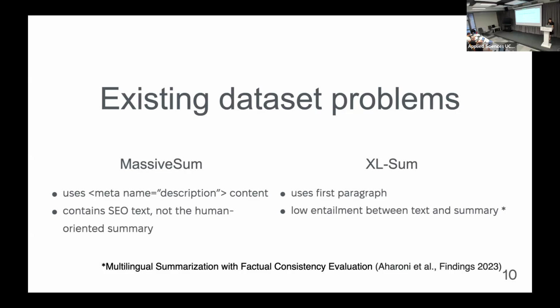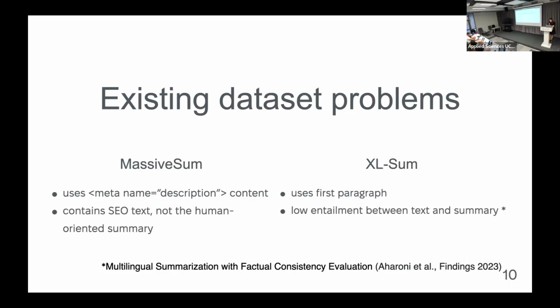The first one is MassiveSumm, which uses the meta description as a source of summary. However, this is not very useful because the meta description is not created to be a summary for humans. It is a search engine optimized text, and does not provide a lot of meaning in the context of a summary.